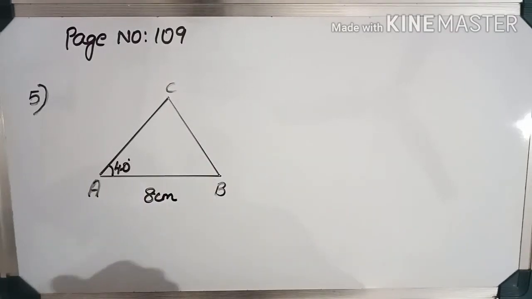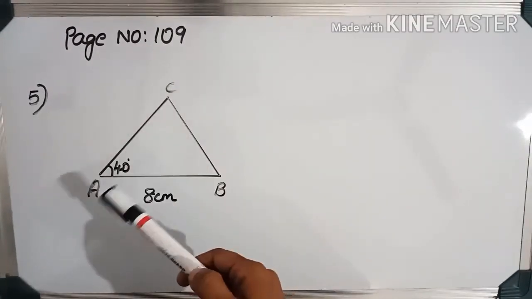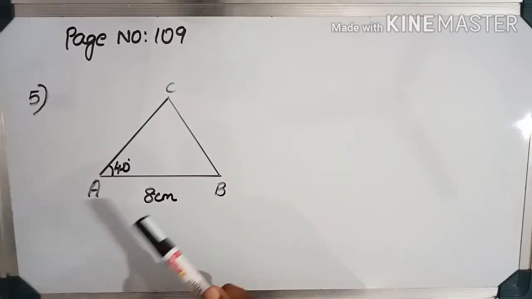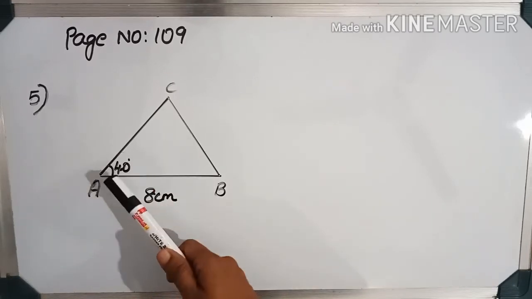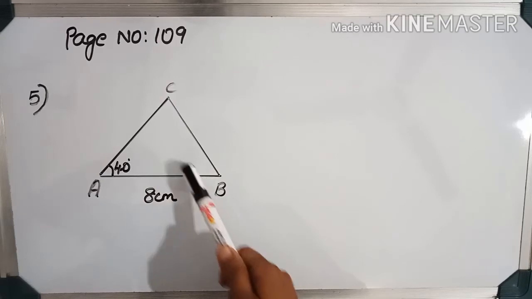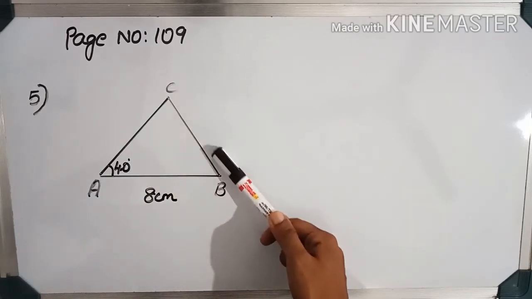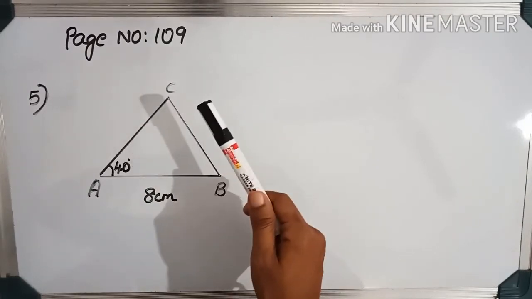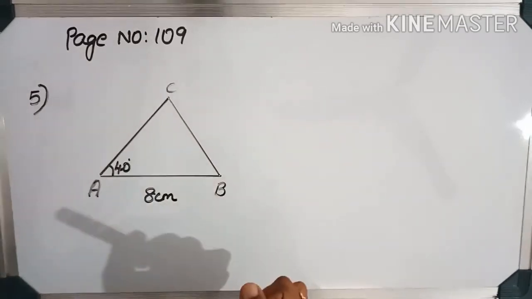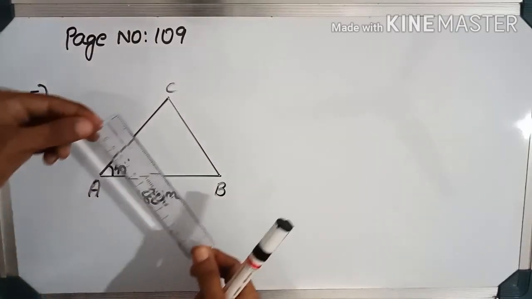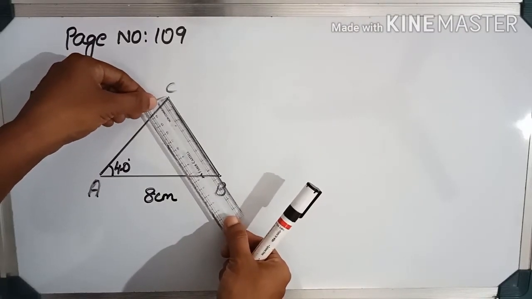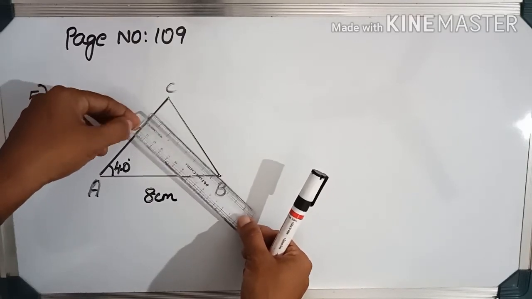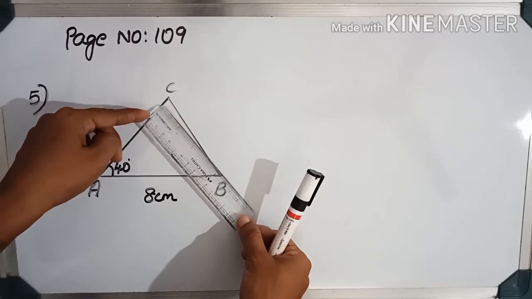So this is the triangle. Nothing is given about the other two sides, just one side and an angle. The question is, what is the minimum length opposite to the 40 degree angle? When you check with the scale, you can see one measurement, and when you move the scale downwards, this measurement is decreasing.